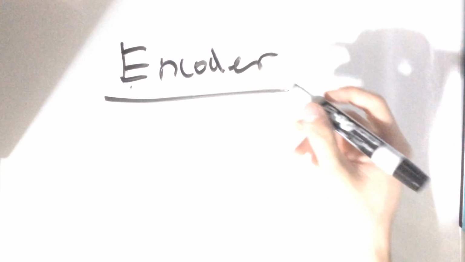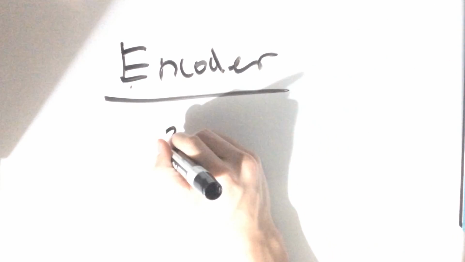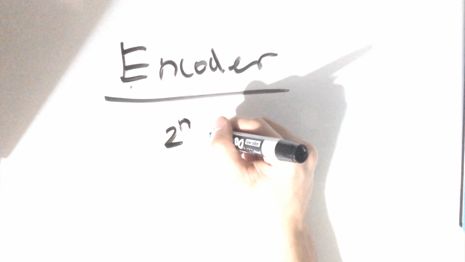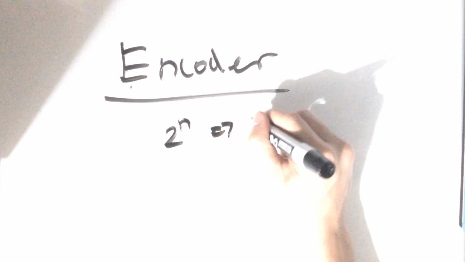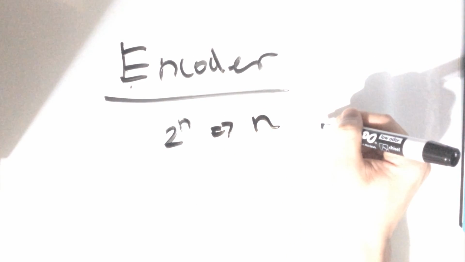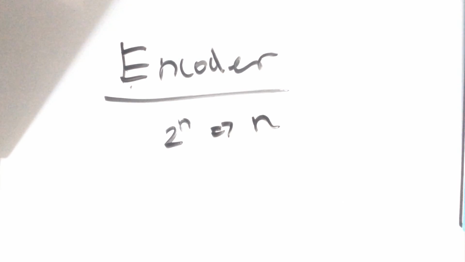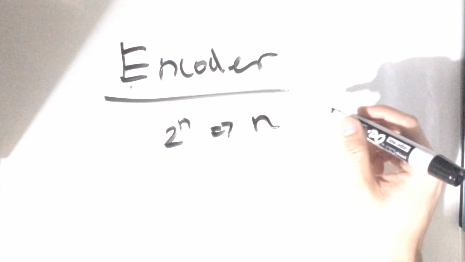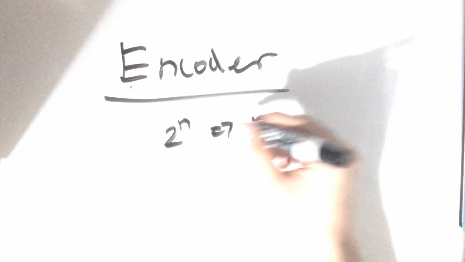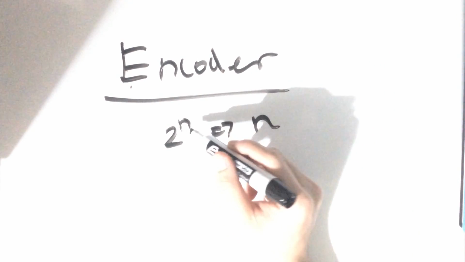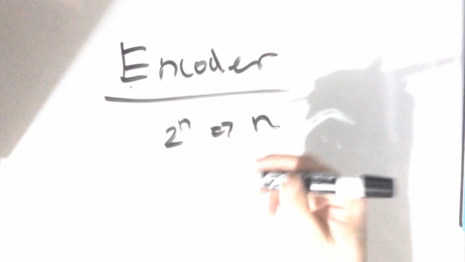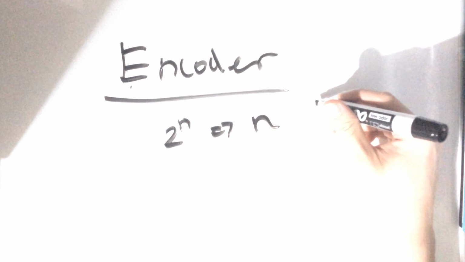Today we're going to be talking about encoders. An encoder is basically a device that takes 2 to the n inputs and spits out n outputs. What do I mean by that? Suppose n is equal to 1.